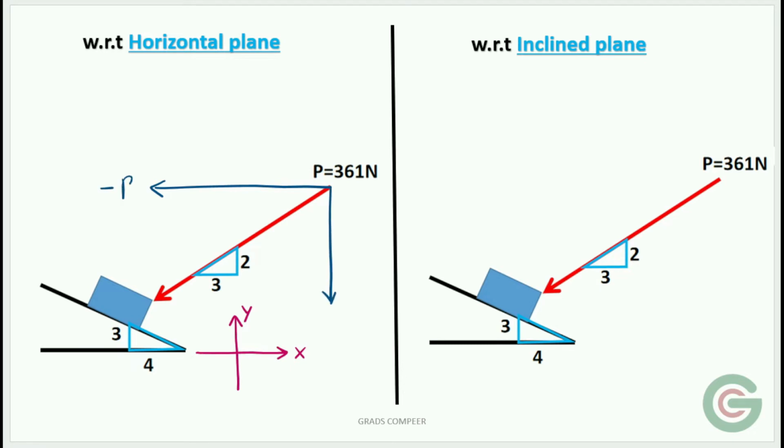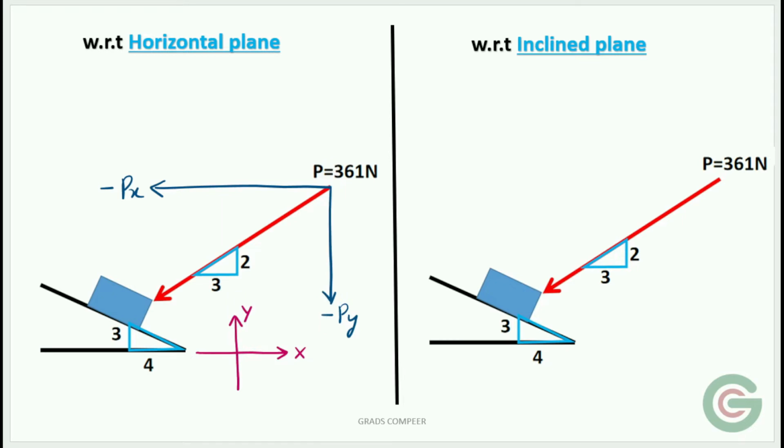So this is minus Px and this is minus Py. The negative sign is because the directions of the components are indicated in the negative x and y direction. You can observe here that Px is drawn parallel to the x-axis and Py is drawn parallel to the y-axis.